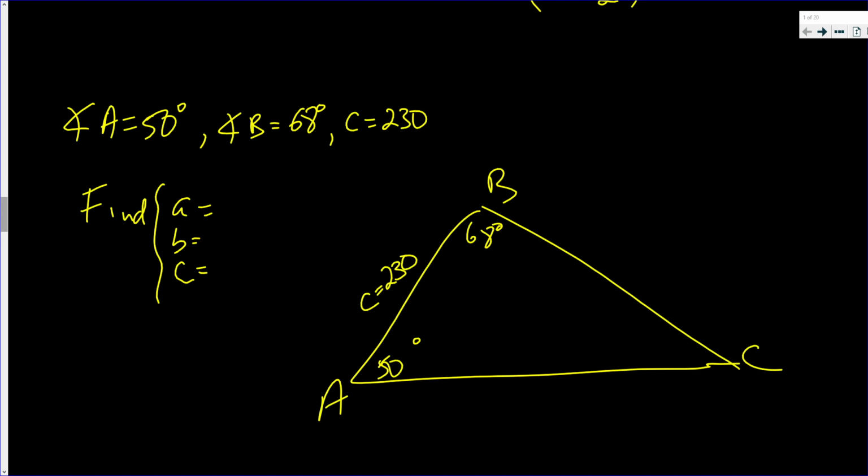Nobody really should take out any instruments and say the 50 looks bigger than the 68. It doesn't matter. At least it shouldn't. So we need to find little a, little b, and also big C.